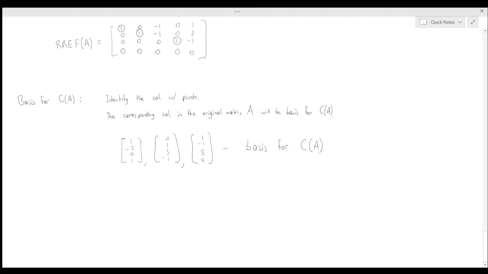Now, in the meantime, let me also quickly talk about the dimension of the column space. So in this example, the dimension of the column space would be 3, because we found 3 vectors in a basis for the column space. Now, in general, the dimension of the column space is also known as the rank of the matrix.